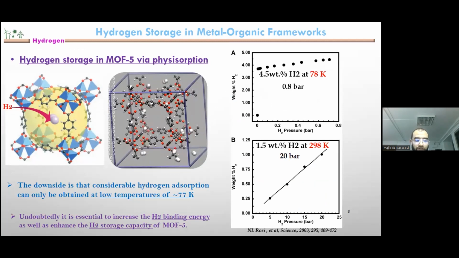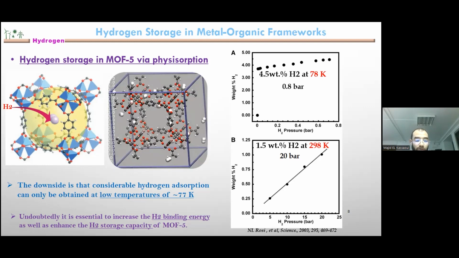MOF-5 can achieve a gravimetric capacity of up to 4.5% at 88 Kelvin. However, a common problem exists with metal organic frameworks for hydrogen storage. At ambient temperature, the hydrogen absorption is too small because of the nature of diffuse absorption.